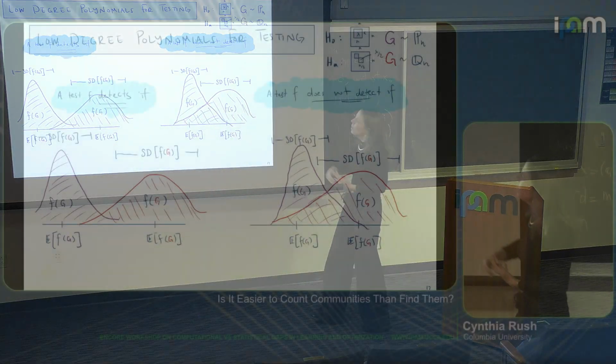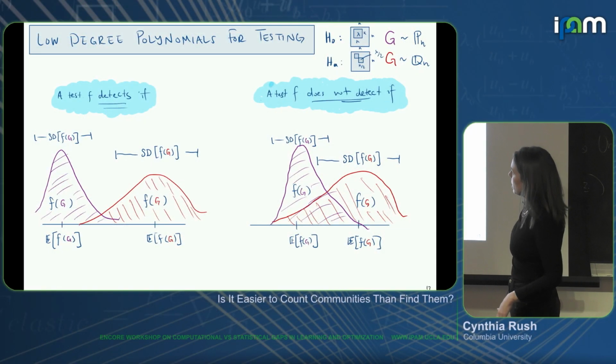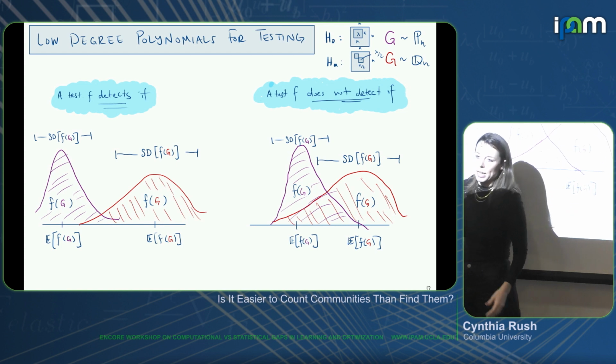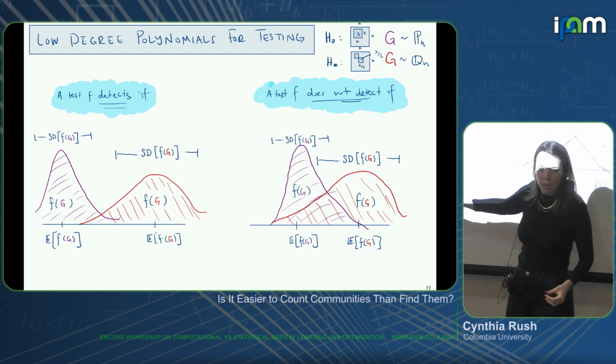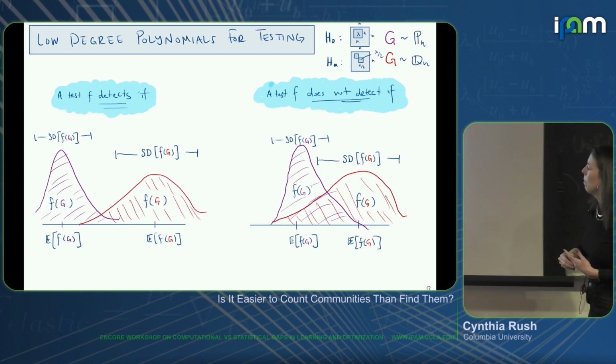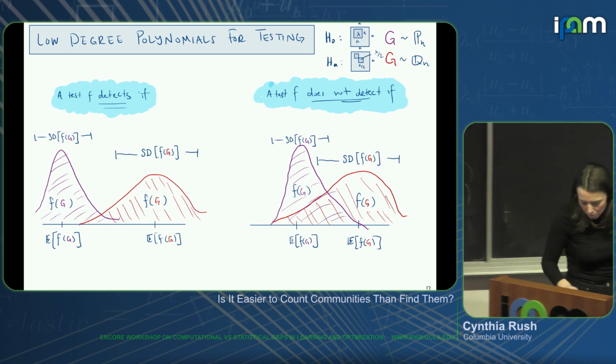So what low degree testing boils down to is comparing the difference in means for any polynomial test f to the maximum of the standard deviation of that polynomial.